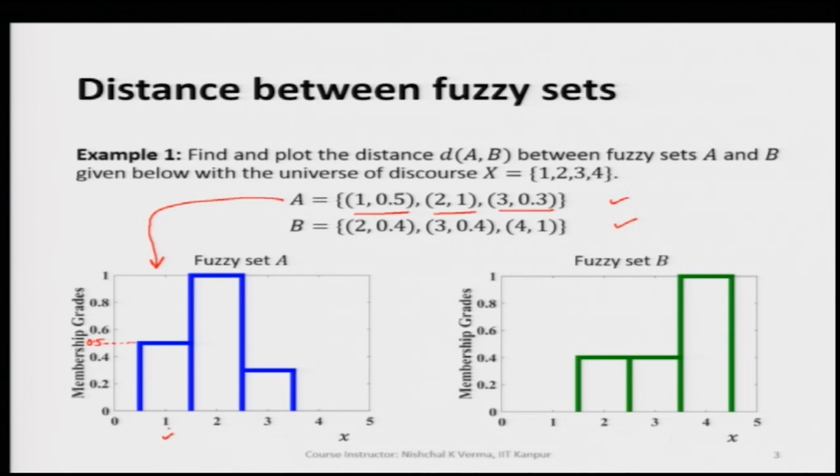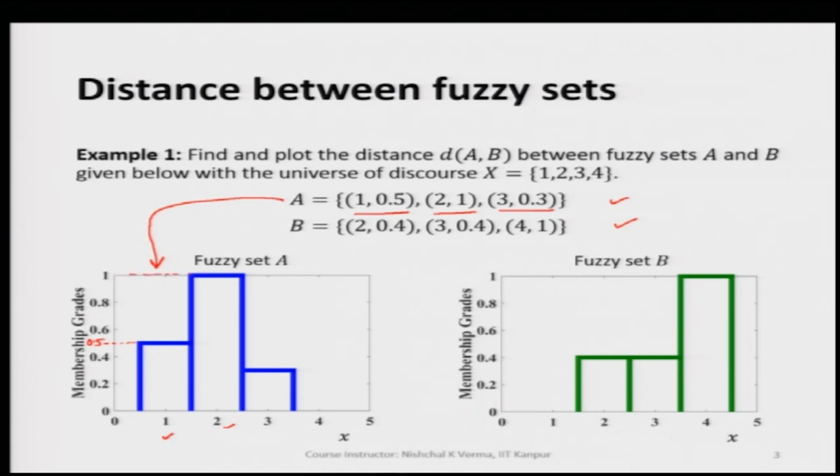For the second element, 2 is the generic variable value and its corresponding membership value is 1, so its level is 1.